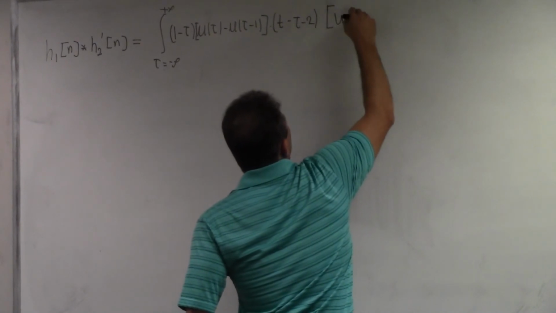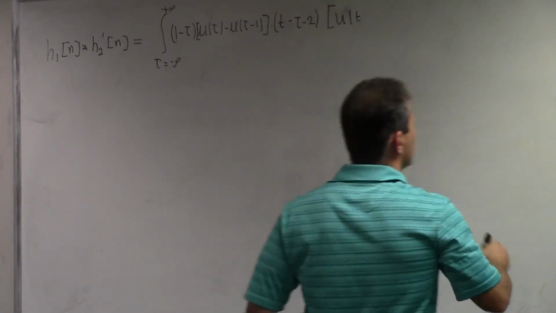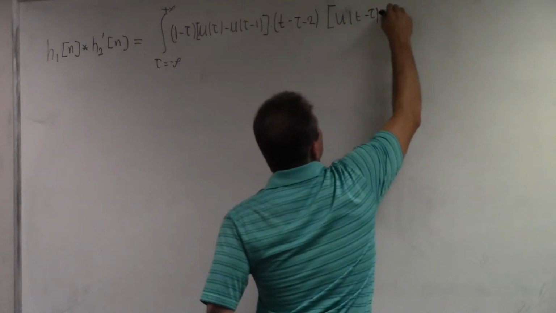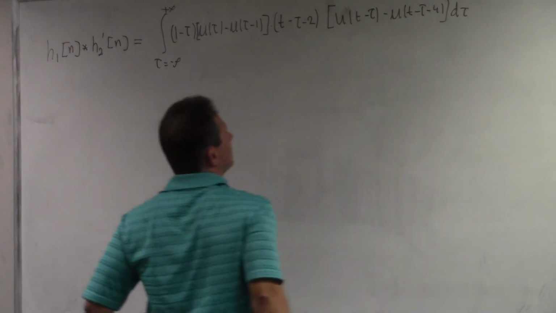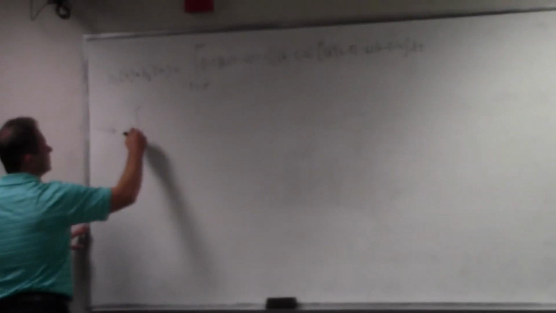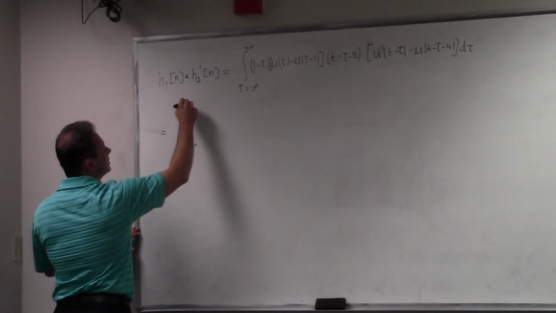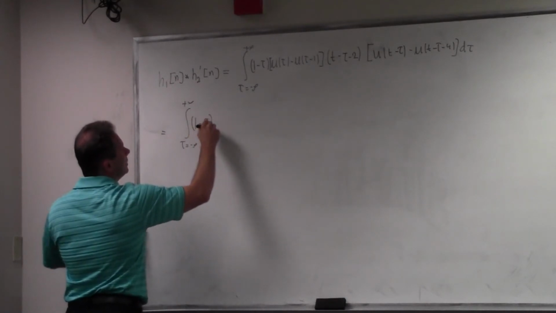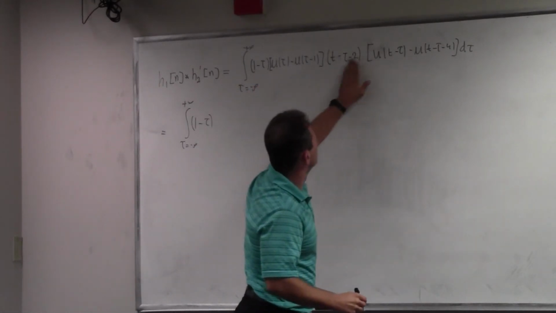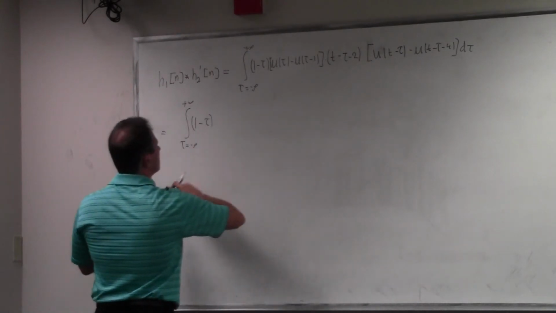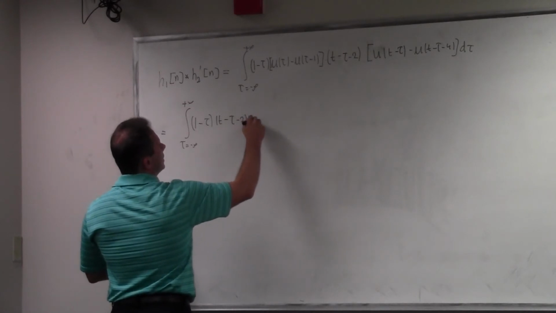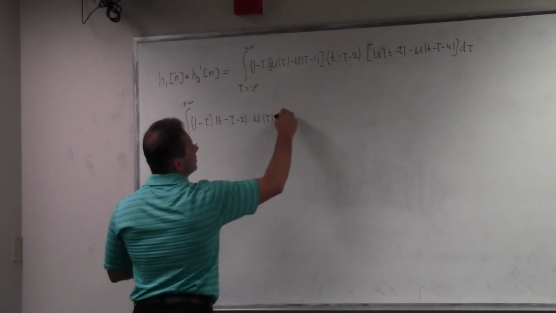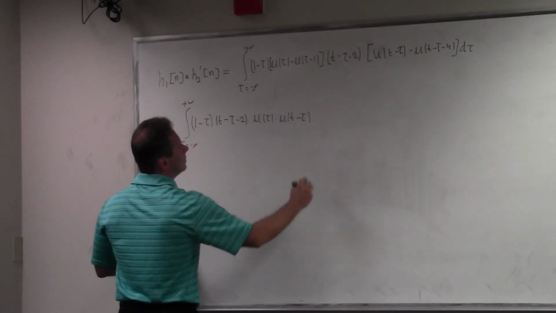So u of t minus tau minus u of t minus tau minus 4. This is one way of doing it. You can say tau goes from minus infinity to plus infinity, 1 minus tau, and then you break it up: u of tau times u of t minus tau, d tau.